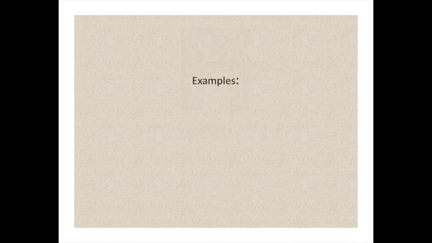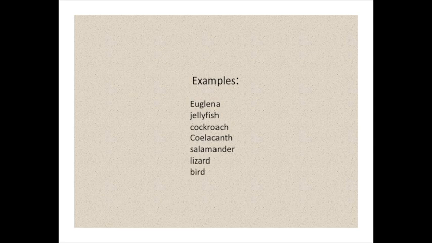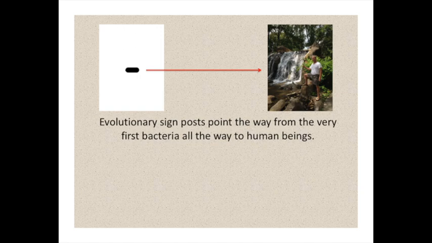Examples: euglena, jellyfish, cockroach, coelacanth, a fish, salamander, lizard, bird, platypus, an egg-laying mammal, possum, a marsupial, lemur, a placental primate. Evolutionary signposts point the way from the very first bacteria all the way to human beings.